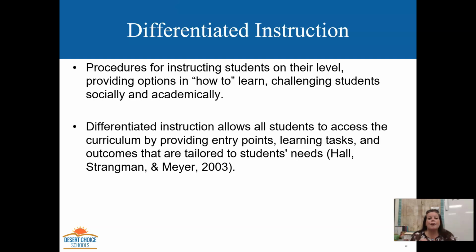We have to get away from the model where all students are at the same level, all students learn the same way, and I have this one piece of curriculum and they're all going to do the same thing. That model is not successful. It does not work. It does not meet their needs, okay?